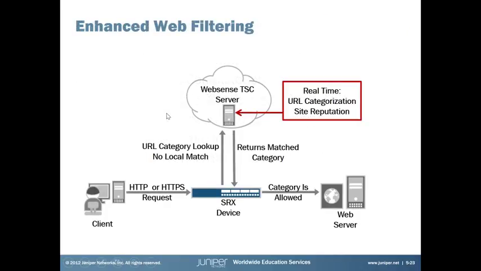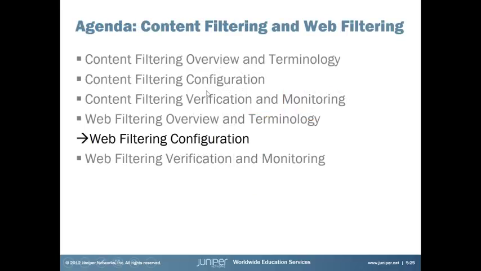So you get to choose what categories you would like to block and what categories you'd like to allow. And what happens is the category is identified using the enhanced web filtering Websense server, and basically either blocked or allowed.